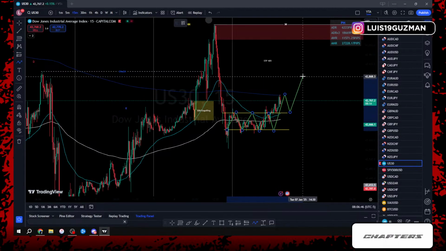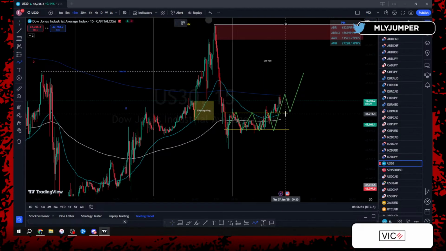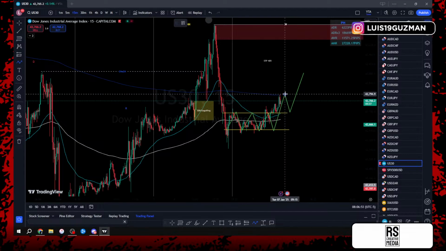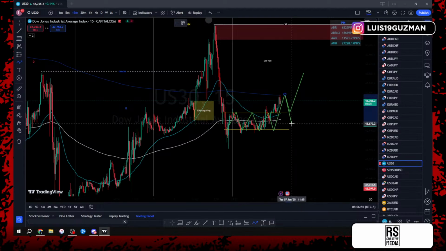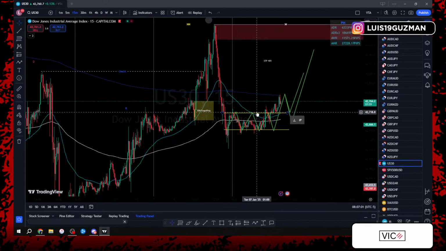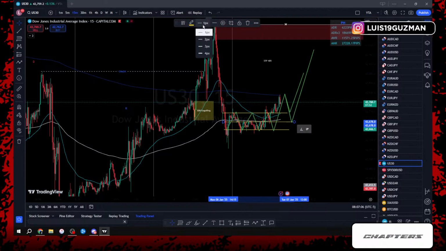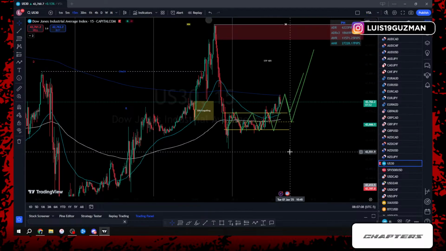Break, retest to continue, or we're going to get the type 3 pattern, which is price coming to the middle of the zone of consolidation, the 50-50 trade, and then continuing the push to the top side. These are the only two options right now that I could see with US30.